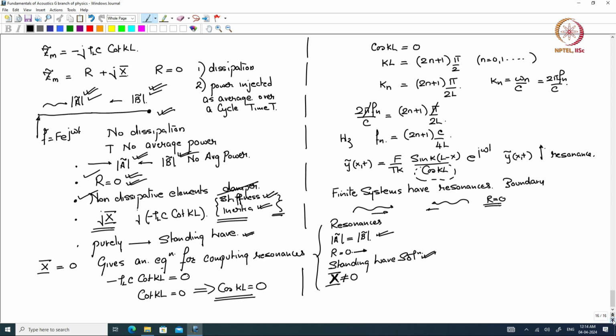Now if you want a further insight into the condition of resonance, okay, a pictorial understanding of resonances. Okay. So cos KL is, so let us say that KL is omega by C into L. Okay.